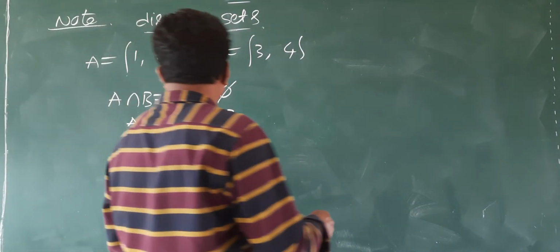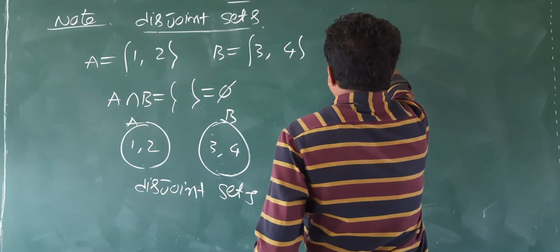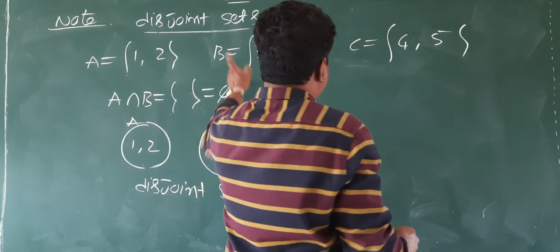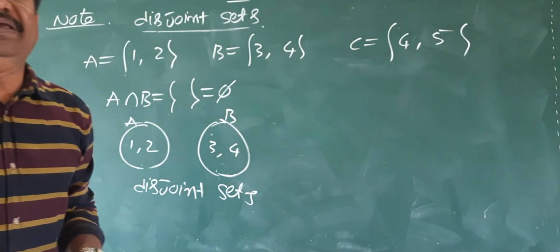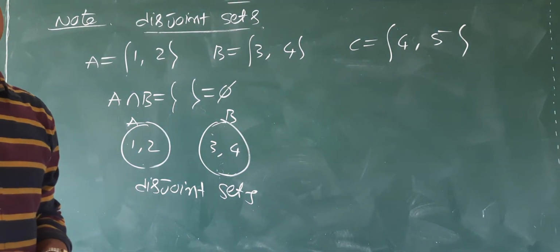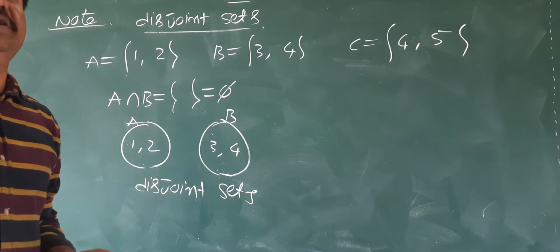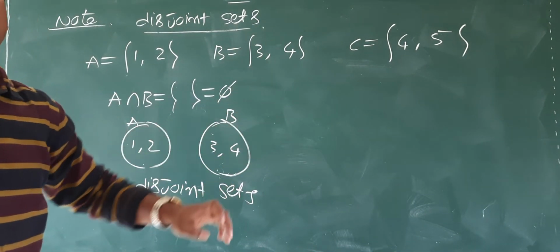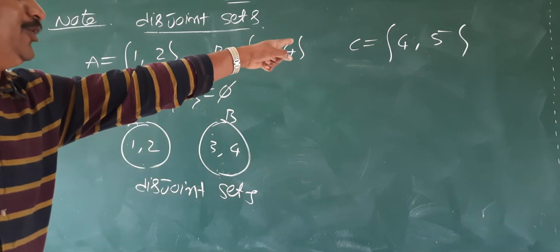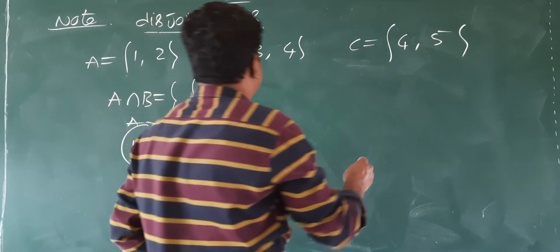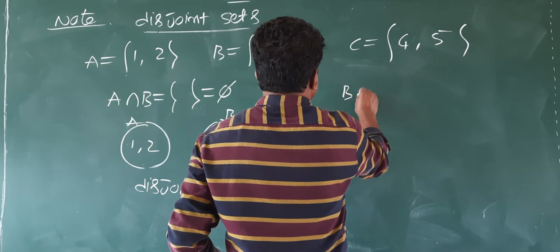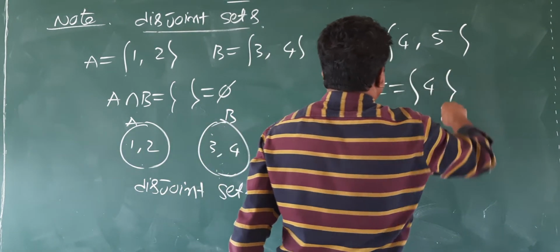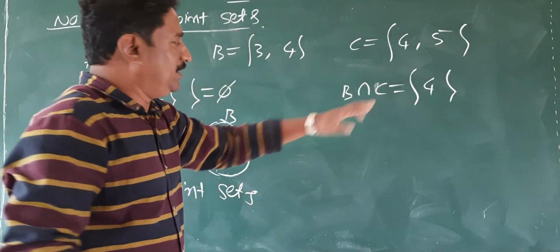Now take set C as {4, 5}. So B and C are joint sets. Disjoint means separate sets; if there is a common element, we call them joint, joined here by 4. Look at B intersection C: we have a common element.